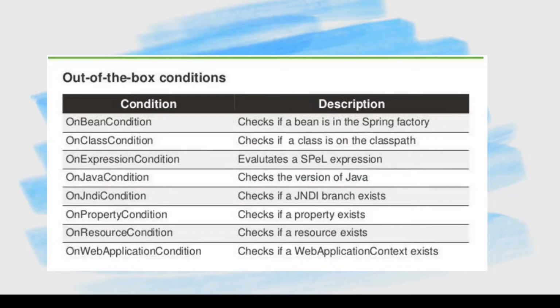On bean condition, it checks if a bean is in the Spring factory or not, and only then will it enable the auto configuration. On class condition, it checks if a class is on the classpath or not. It also checks on expression, on Java, and on JNDI conditions. If all conditions are satisfied, only then will it enable the auto config.